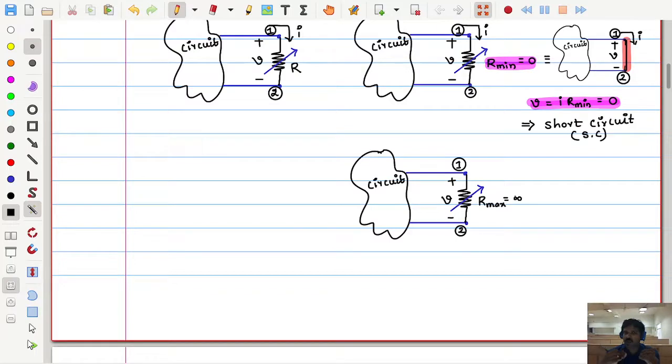It tries to oppose the flow of current. If it is opposing such that no current is passing through it, when can this situation arise? When the resistor offers an infinite amount of resistance. Infinite resistance means it ideally does not allow any current to pass through that element.